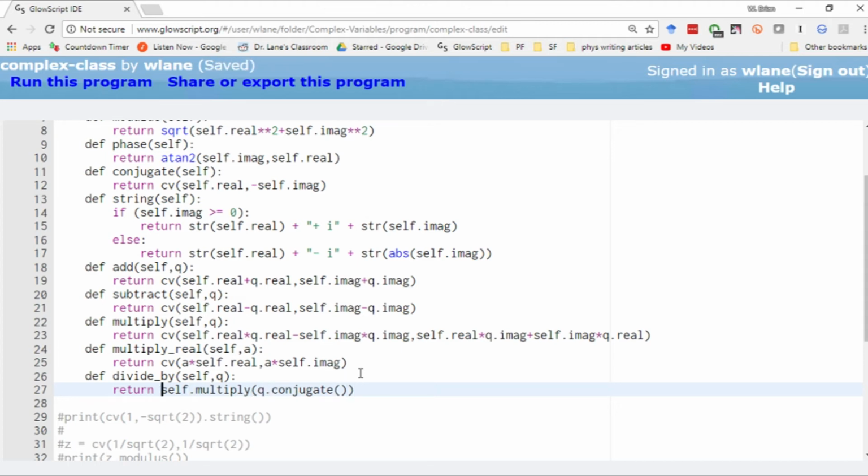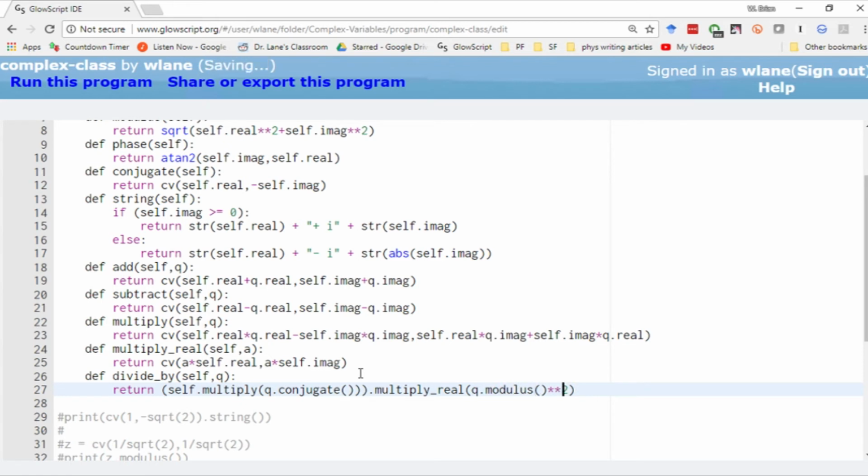that is going to be a bit complicated, isn't it? So we're going to have self.multiply, so that's going to give me a complex value, .multiply by a real, and we're going to need to make that 1 over q.modulus squared. Actually, let's clean that up a little bit.